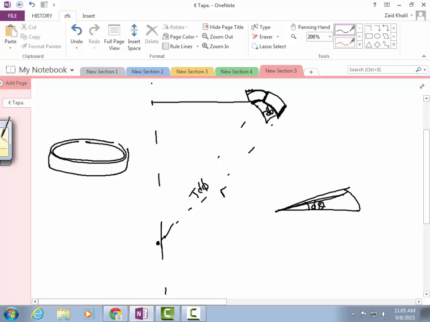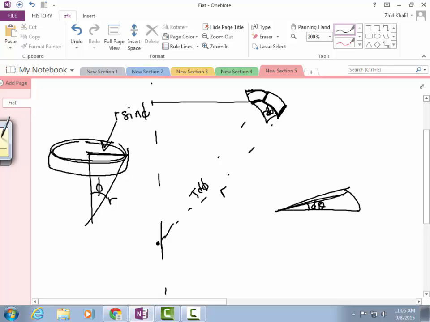So in other words, this is going to be your dr d phi. Well, this length right here, this is r. This is phi. So then, what is this length? R sine phi.